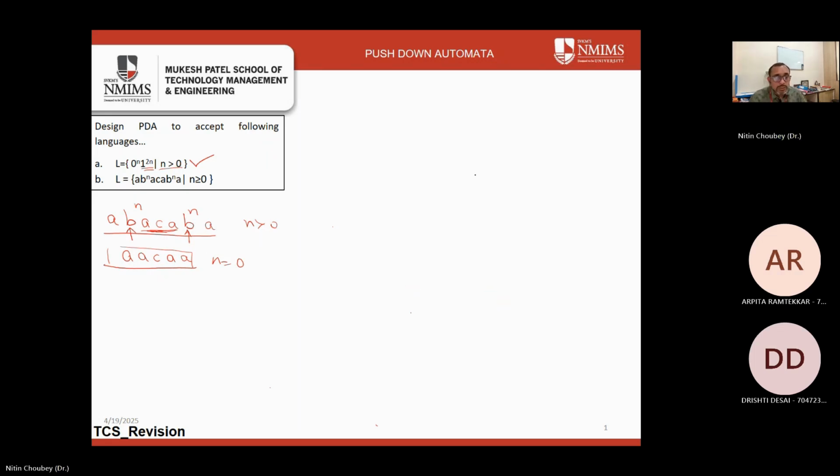So we use the stack only for checking how many b's are available, and we'll have simple state transitions for A, C, A. Is this clear?